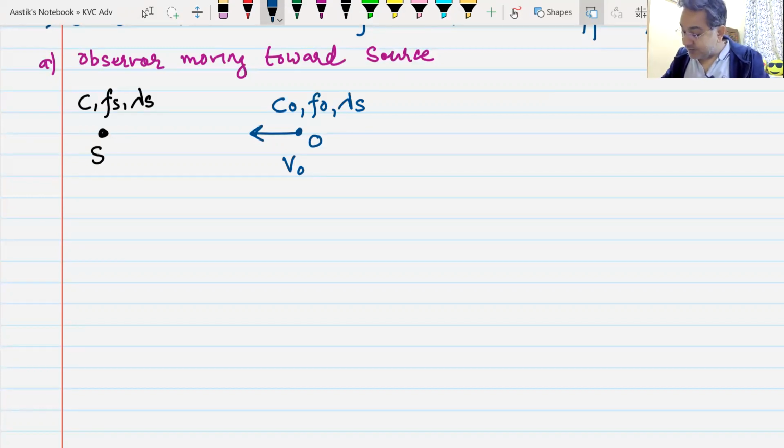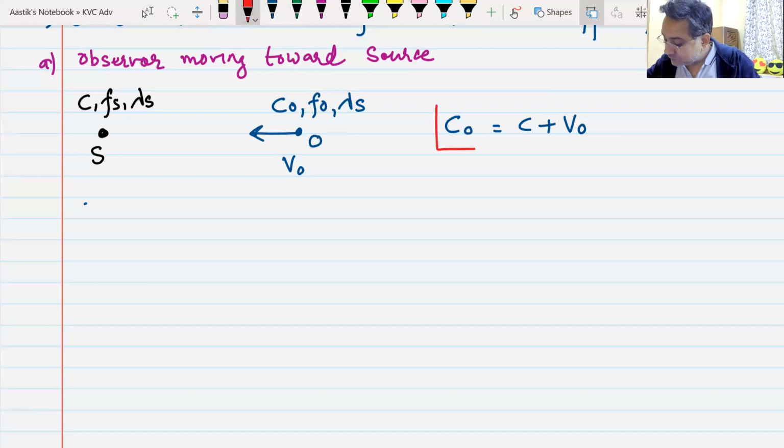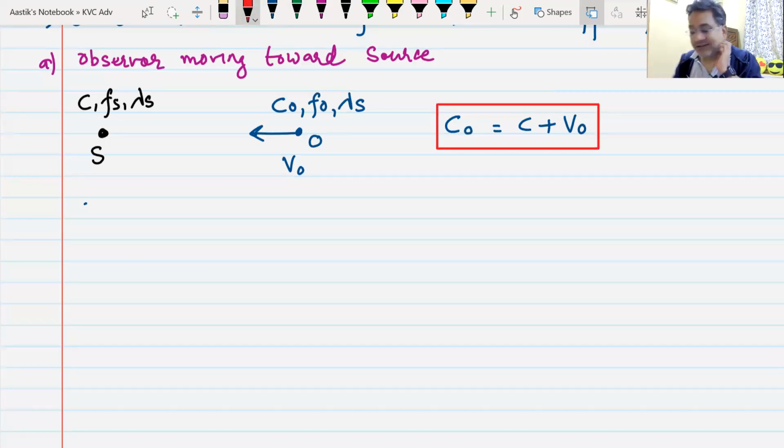So here again, we have to understand that this C naught, the speed that he receives the sound, is different. So the value of C naught here is C plus V naught. Do we understand this? The speed at which he receives sound is C plus V naught.